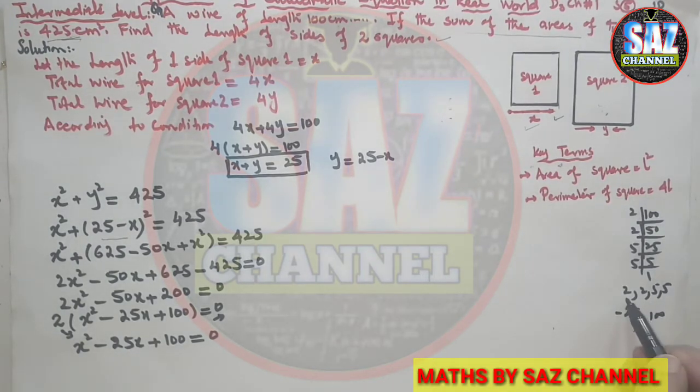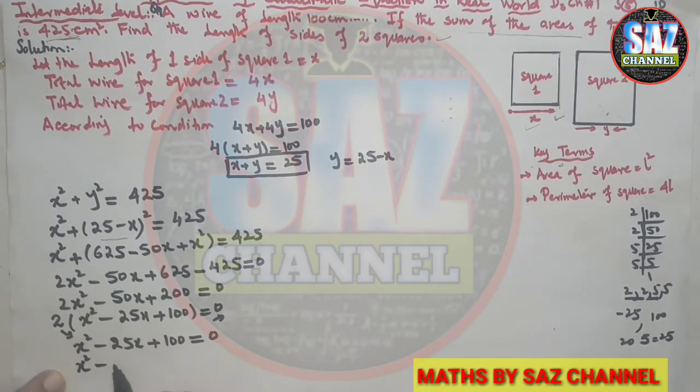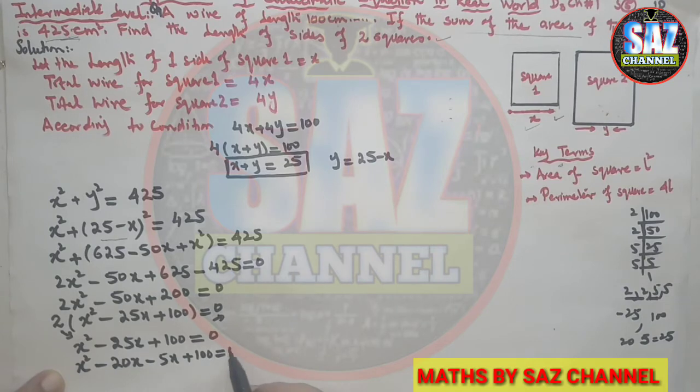If I take 4 multiplied by 5, that is 20, and 5. 20 plus 5 can give me 25, and 20 multiplied by 5 can give me 100. Now as the middle term is negative, I have to choose the sign of both the factors negative. Minus 5x plus 100 equals to 0.